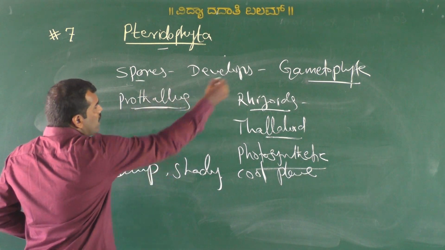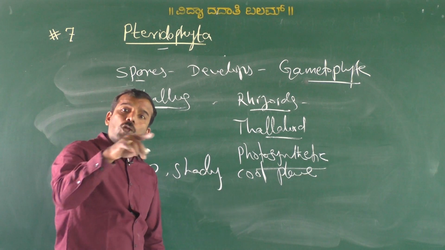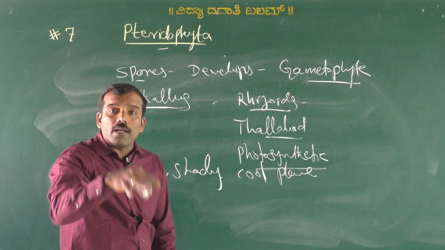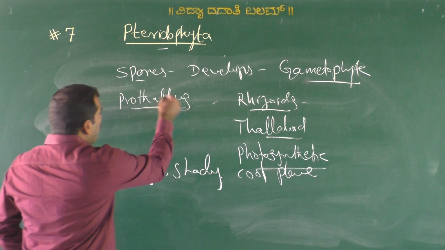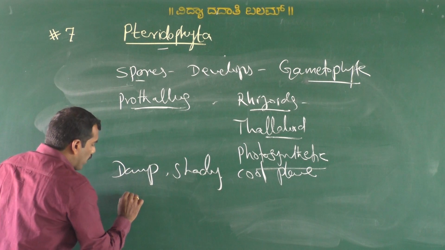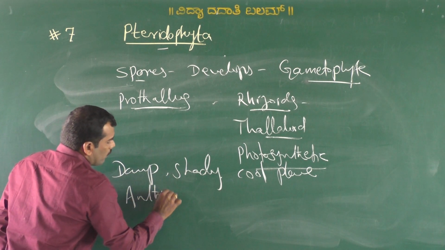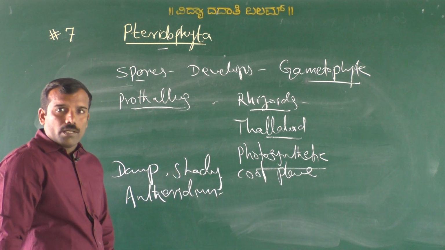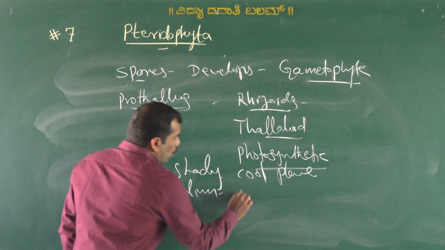Because the prothallus is a gametophyte, they produce the gametes. Gametes are produced in special sex organs. In the prothallus, the gametes are produced in a male sex organ, that is antheridium, the male sex organ. They produce anthrozoids.